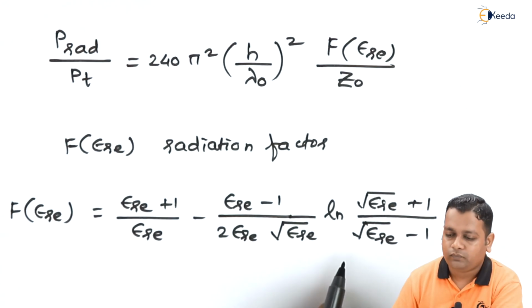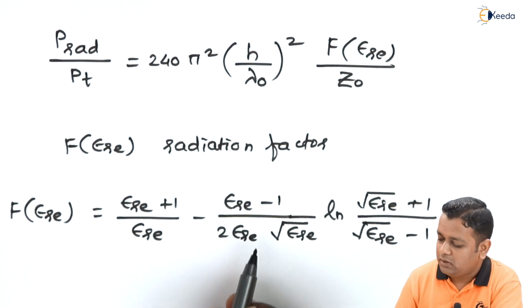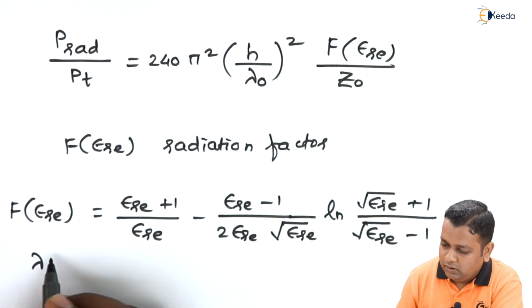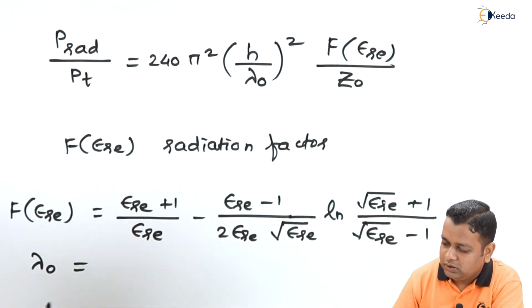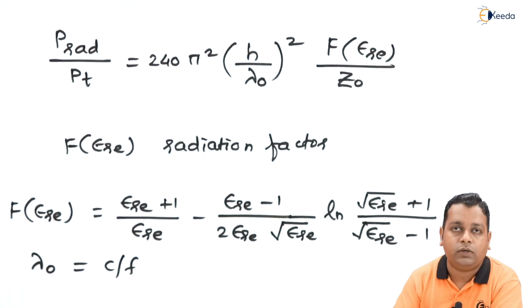Here epsilon_re is the effective dielectric constant, and lambda 0 can be regarded as c divided by the operating frequency.